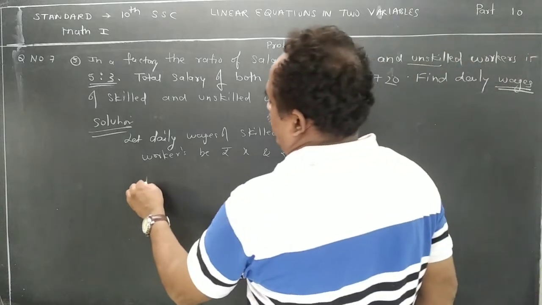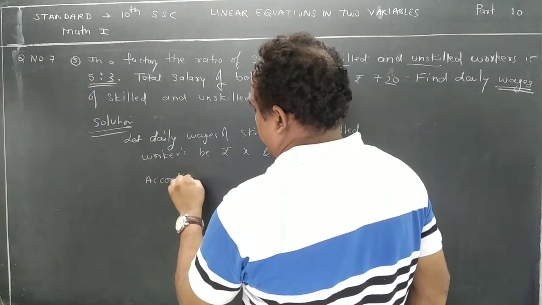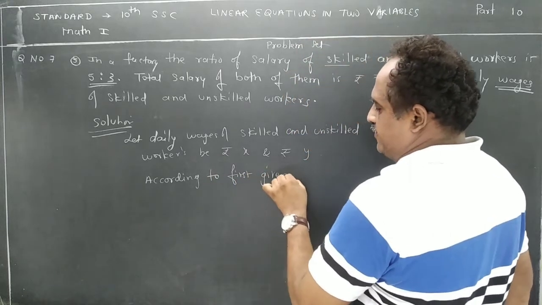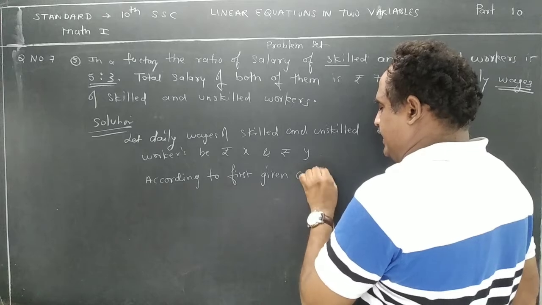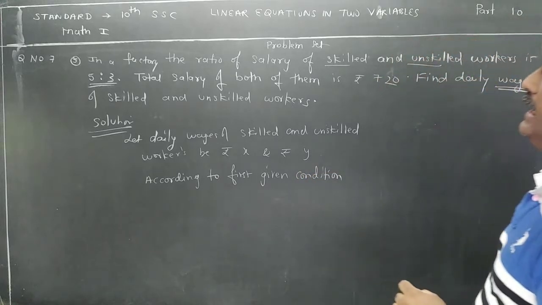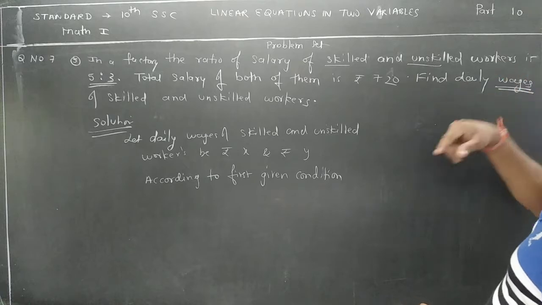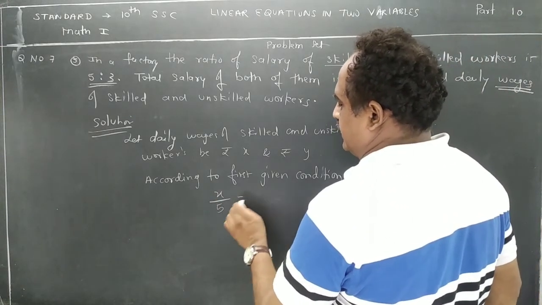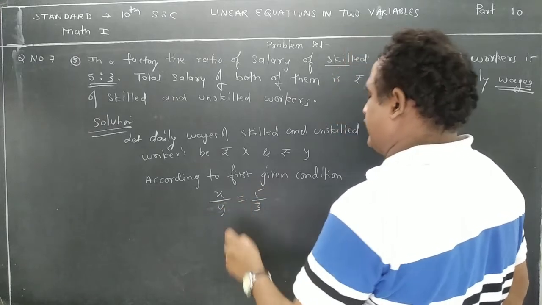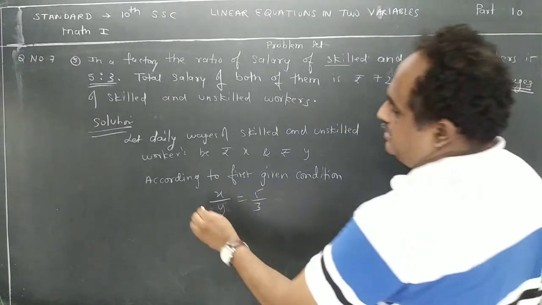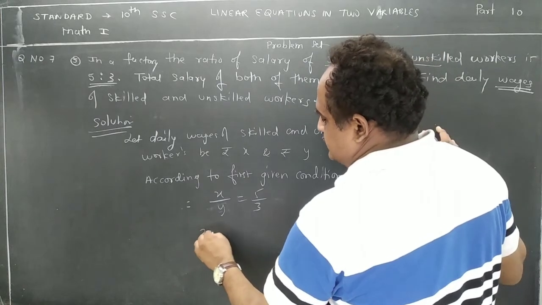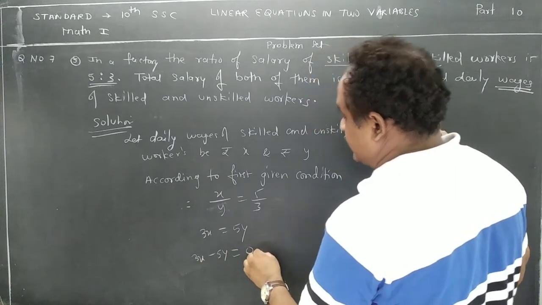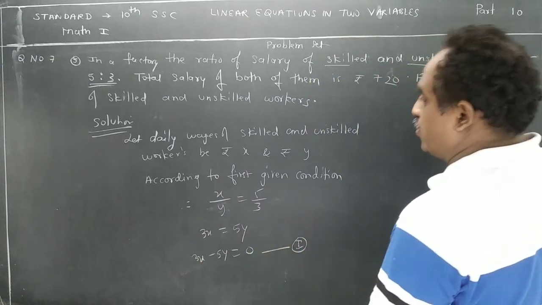Then according to the first given condition, they have given that ratio is 5:3, means x upon y ratio is 5/3. So ultimately 3x is equal to 5y or 3x minus 5y is equal to 0 is equation 1.